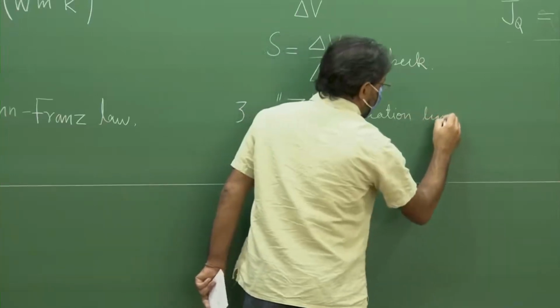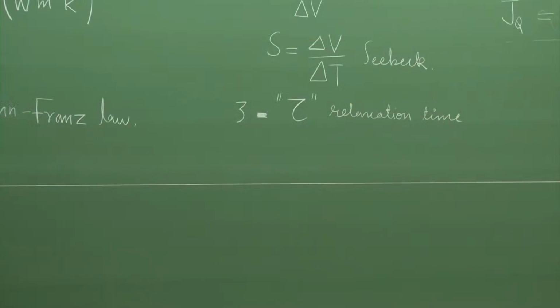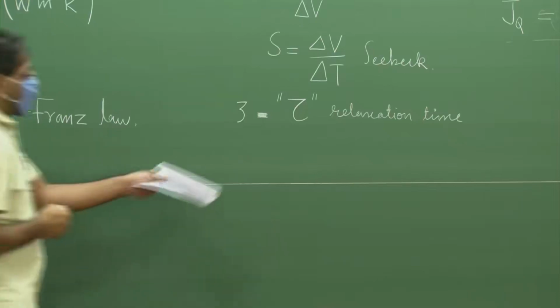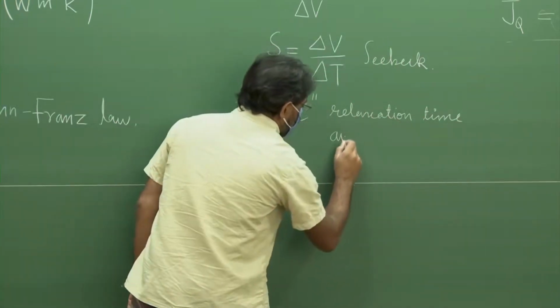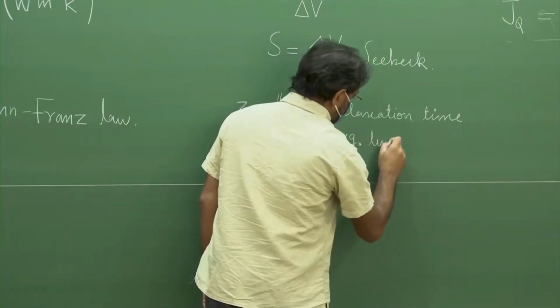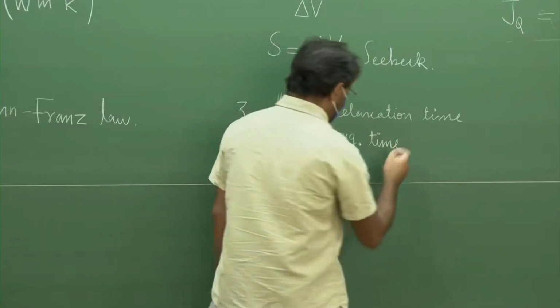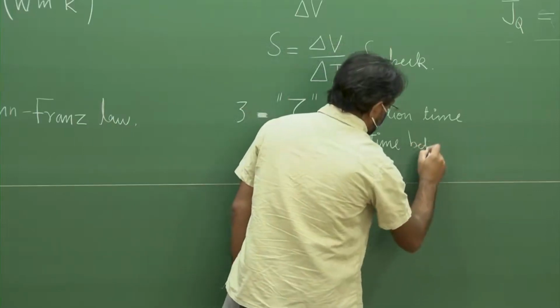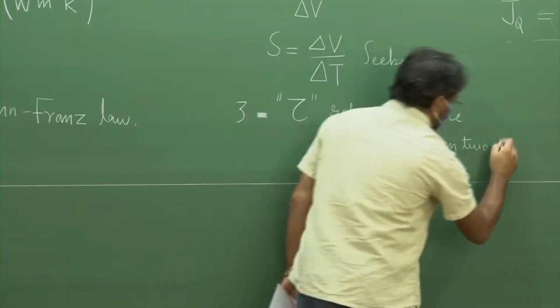So, relaxation time is the average time between two successive collisions that an electron suffers. If tau is the average time between two successive collisions, then 1 by tau is the rate at which the collisions are happening.